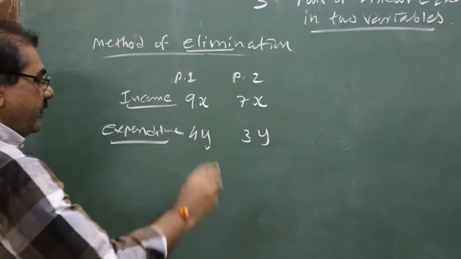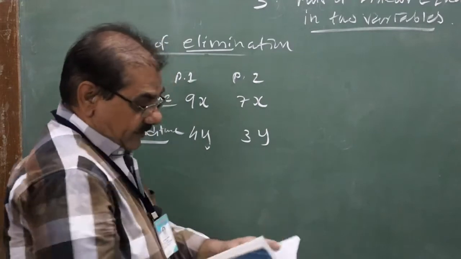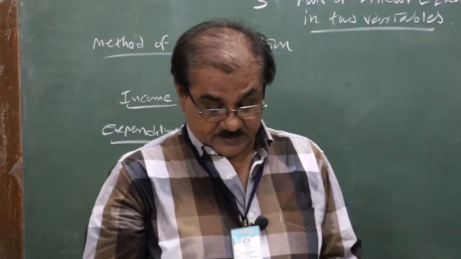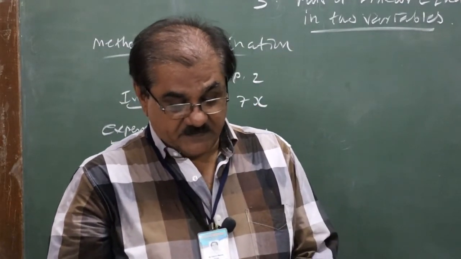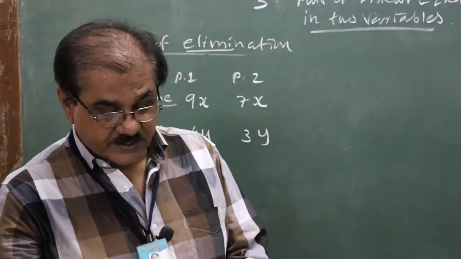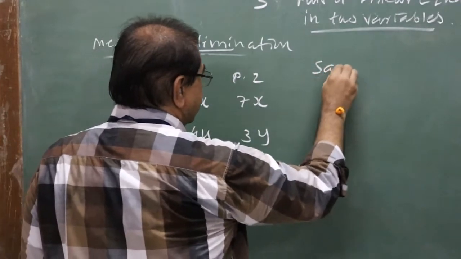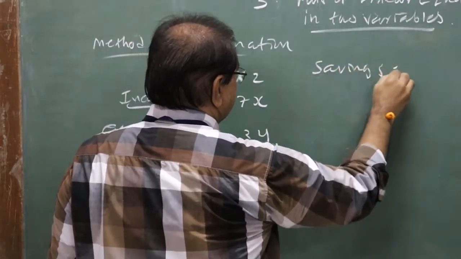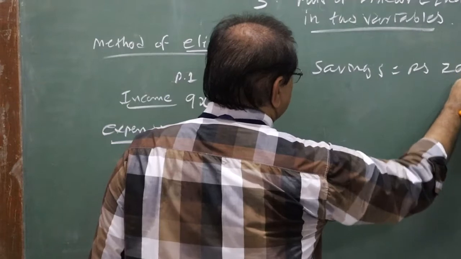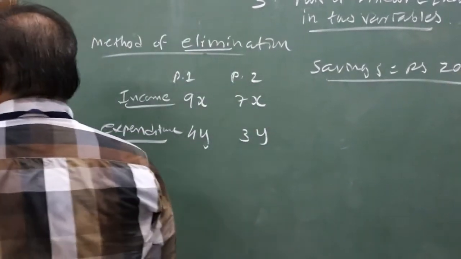Okay? Now we know one statement. We read the question ahead. If each of them manages to save rupees 2000. So savings for both persons is rupees 2000.